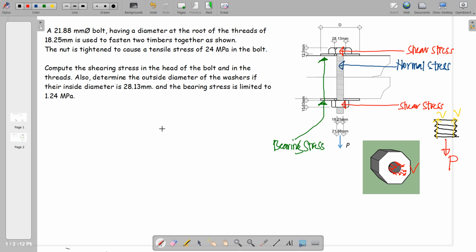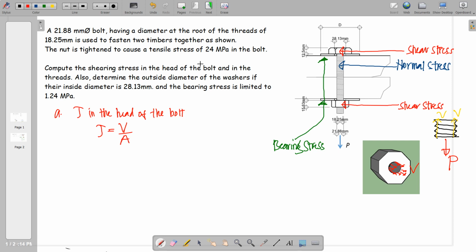So working with the unknowns, say for letter A, we have the shear stress in the head of the bolt. We simply use this formula. On this formula, we know that V is also P, okay? Because V is caused by the pull P. And in the problem, we do not know yet the value of that force.